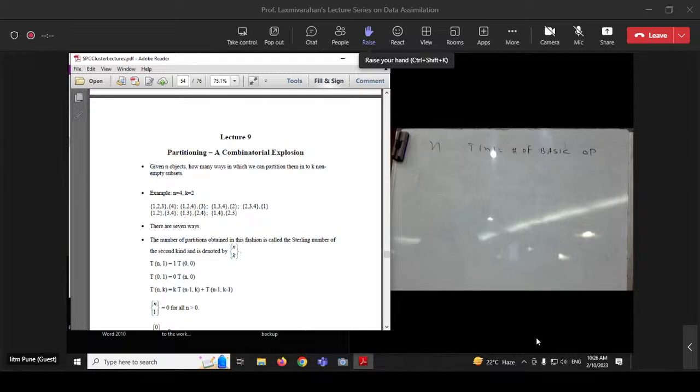It is the sum total of the number of additions, multiplications, subtractions, divisions, and comparisons, assuming each one takes 1 unit of time. So the time is measured not in terms of clock time, hours and minutes, but in terms of the number of basic operations. Why? If I measure the time in terms of clock time, some computers are faster than others. It depends on the hardware.